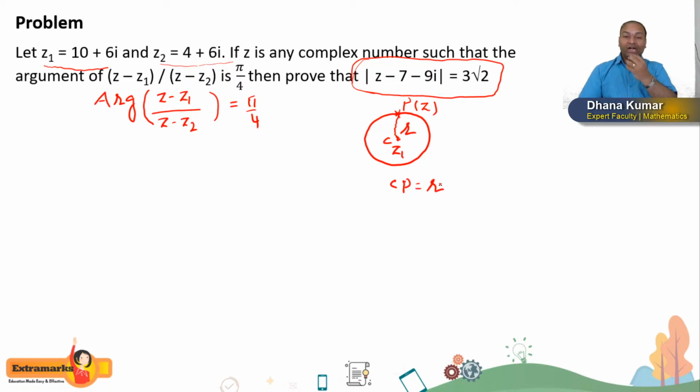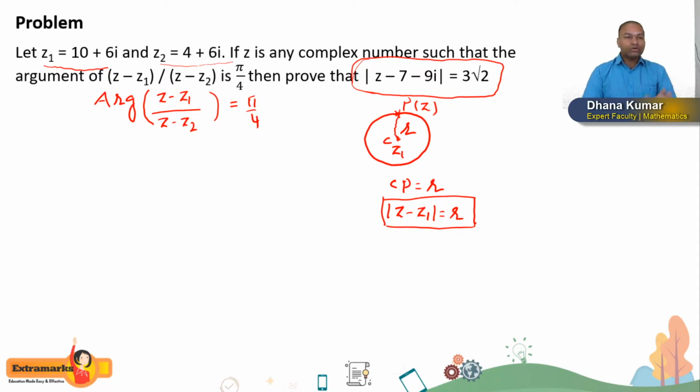Okay, right. And according to complex numbers notation, distance between 2 points is denoted by what notation? Denoted by modulus of the difference of two complex numbers. Here P point z, C point z1. So modulus of z minus z1 is equal to R. Observe this one, modulus of the difference of two complex numbers indicates the distance between 2 points.